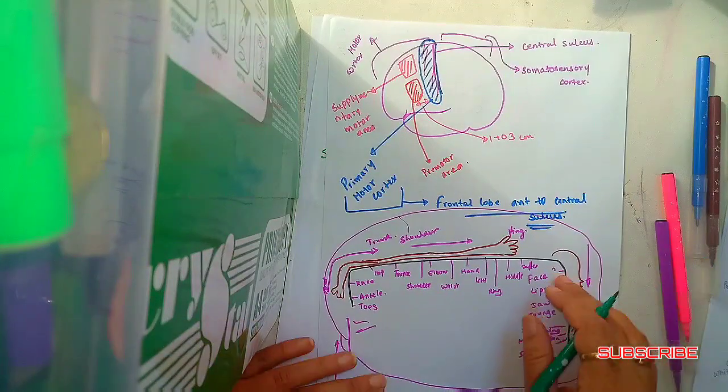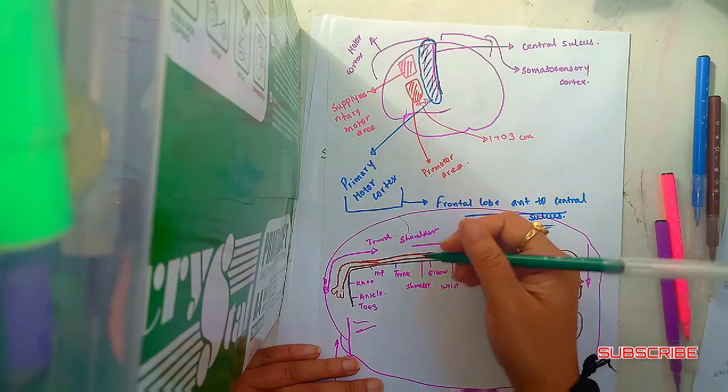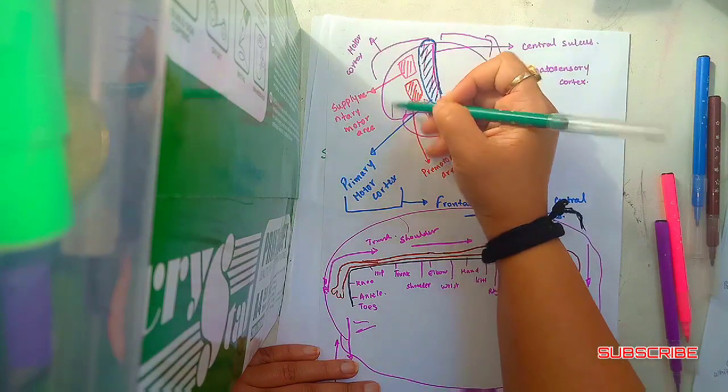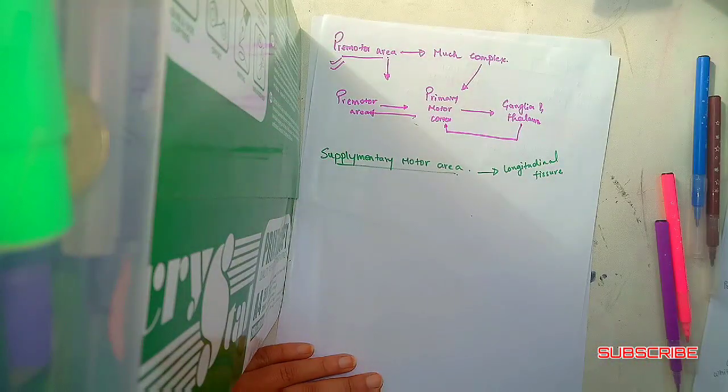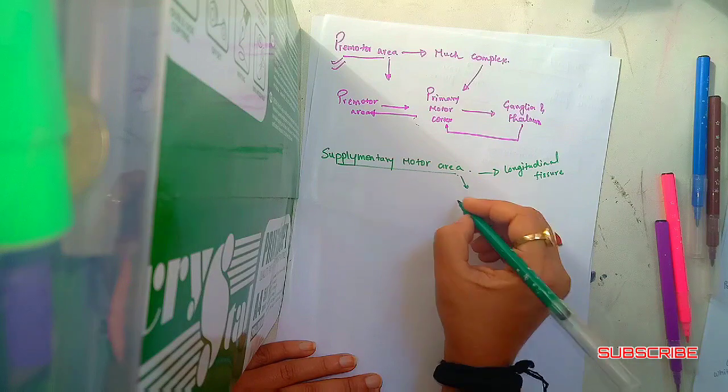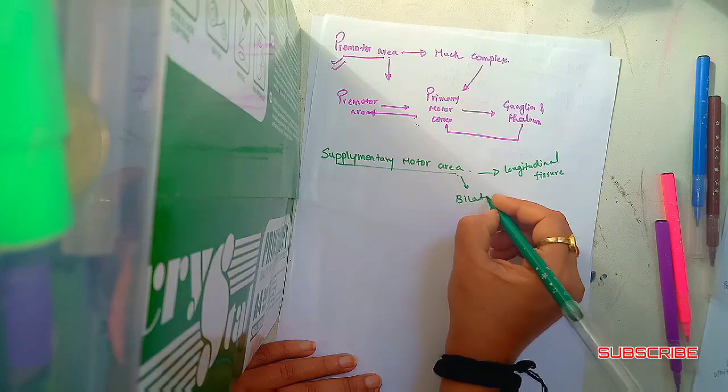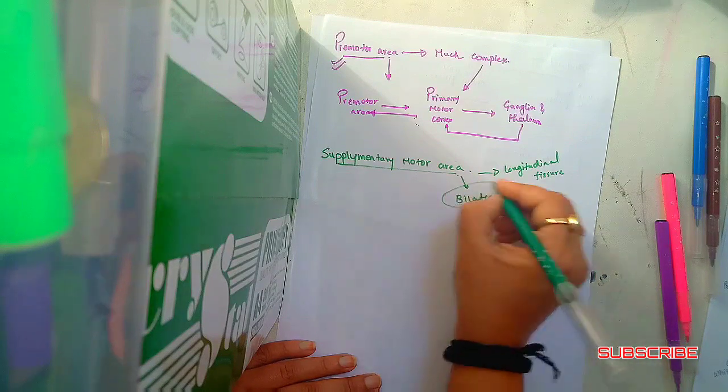Here you can see that we have the longitudinal fissure. It lies mainly in the longitudinal fissure, and it is bilateral. What do you mean by bilateral?